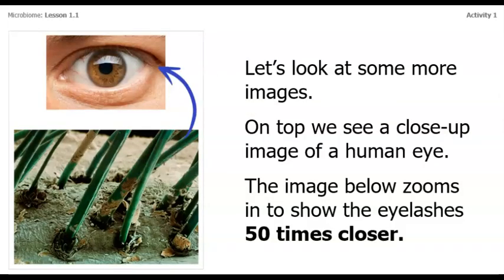So here we have an image of a human eye. It's just a close-up of our eye. It was the top picture. And then if you look at the bottom picture, it's the same picture from up above, the same eye, zoomed in 50 times closer. So now we can see all the details of the eyelashes. Each one of these is an eyelash.